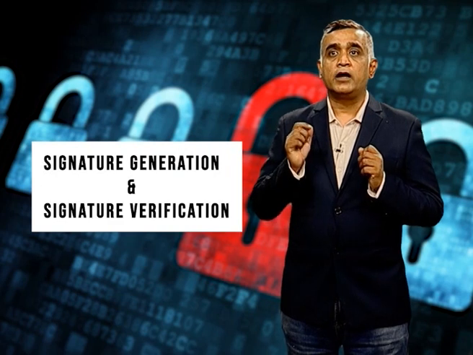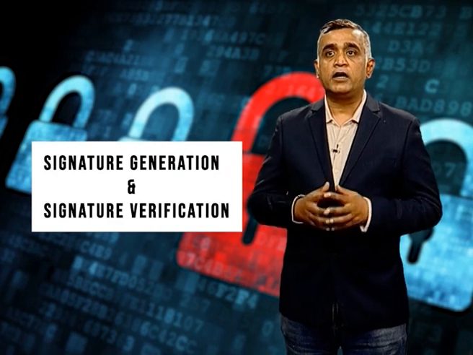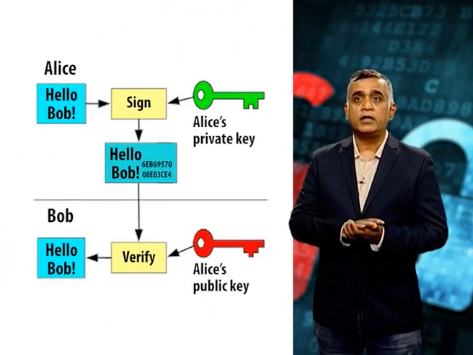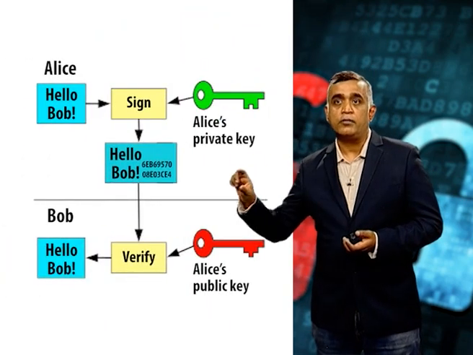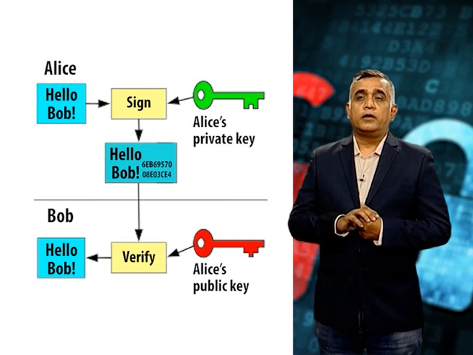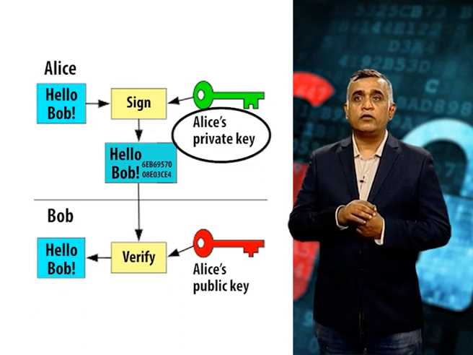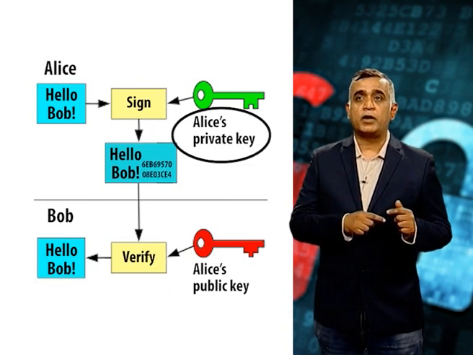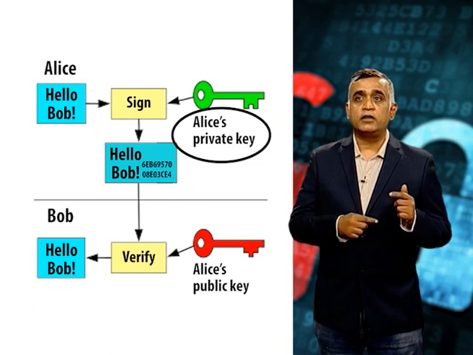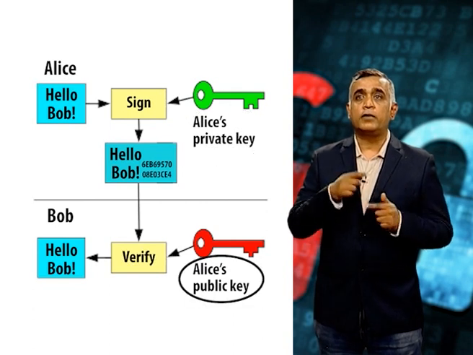Another public key operation is signature generation and signature verification. Let us try to understand this with the same example, where Alice wants to send a signed document to Bob. Here, a signature will be generated using Alice's private key, and that signature will be verified using the corresponding public key.